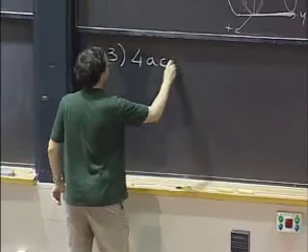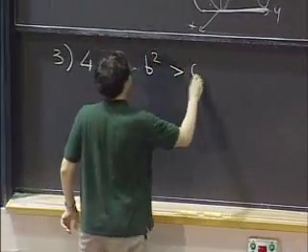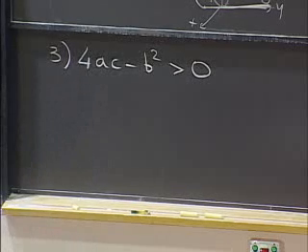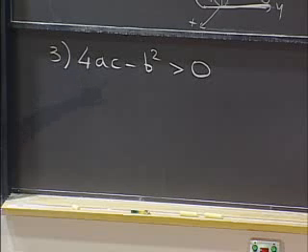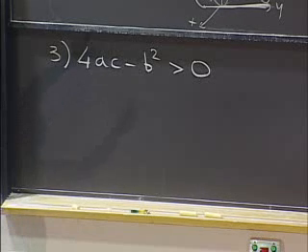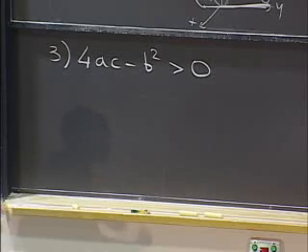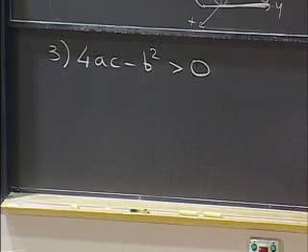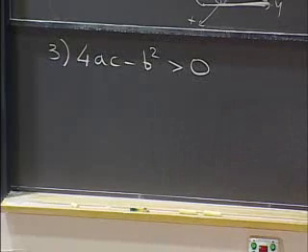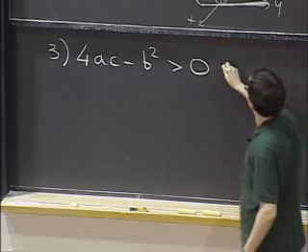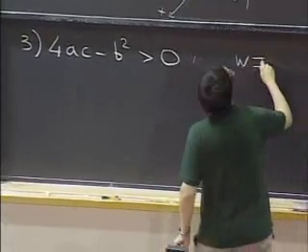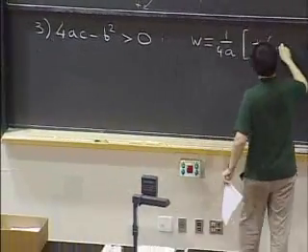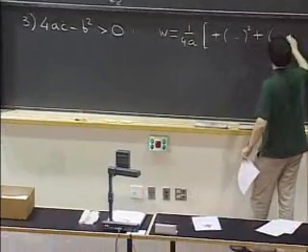Now, the last situation is if 4ac minus b squared is positive. So then that means that we've written things, the big bracket up there is a sum of two squares. Okay? So that means that we've written W as 1 over 4a times something squared plus something else squared.